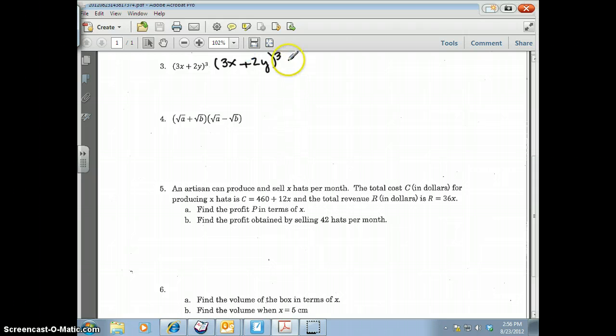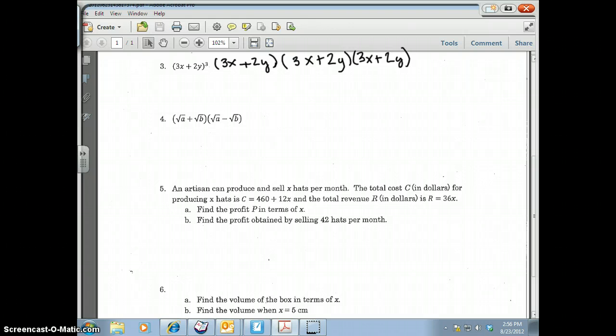Sorry, we're writing it 3 times, not cubing it. And we're going to have to multiply all 3 of these together.